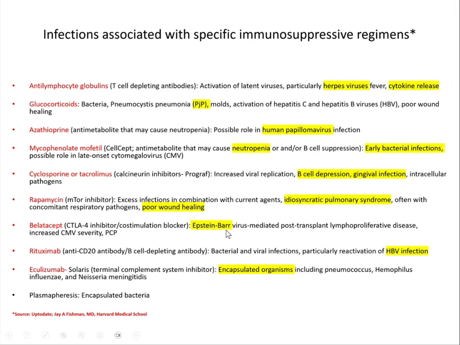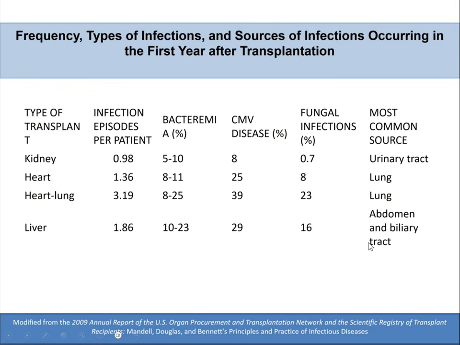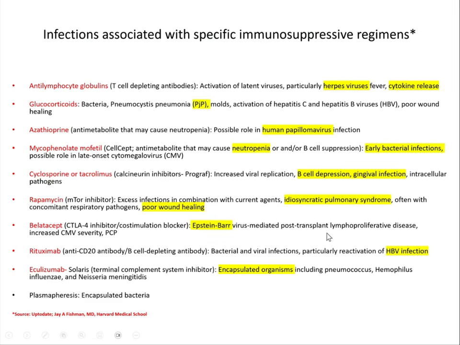Belatacept: Epstein-Barr, PTLD. Rituximab: again, the buzzword is hepatitis B. If your patient has chronic hepatitis B and they're going to go on rituximab, you better make sure they're prophylaxed against it. And eculizumab, which is Soliris, inhibits the terminal complement system. So with encapsulated organisms, think like they don't have a spleen.